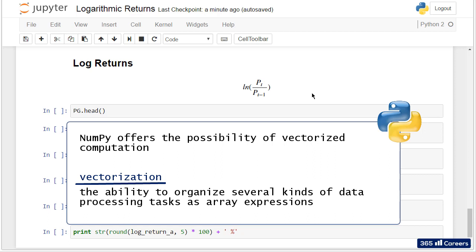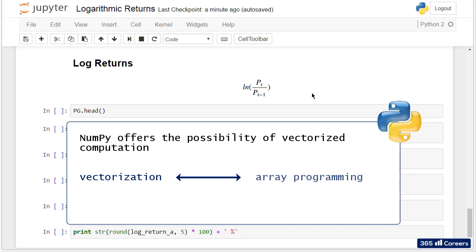The alternative is writing loops, but that could be a tedious job and will require more computation time. In other words, NumPy is Python's extension that allows us to replace loops with one-dimensional or multidimensional arrays. This operation is called vectorization, and the relevant type of programming that supports it is array programming.